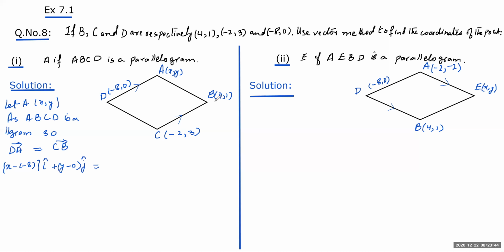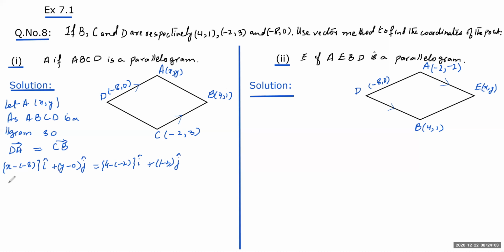Let's write the vector CB now. It will be (4 minus -2) into unit vector i plus (1 minus 3) into unit vector j.